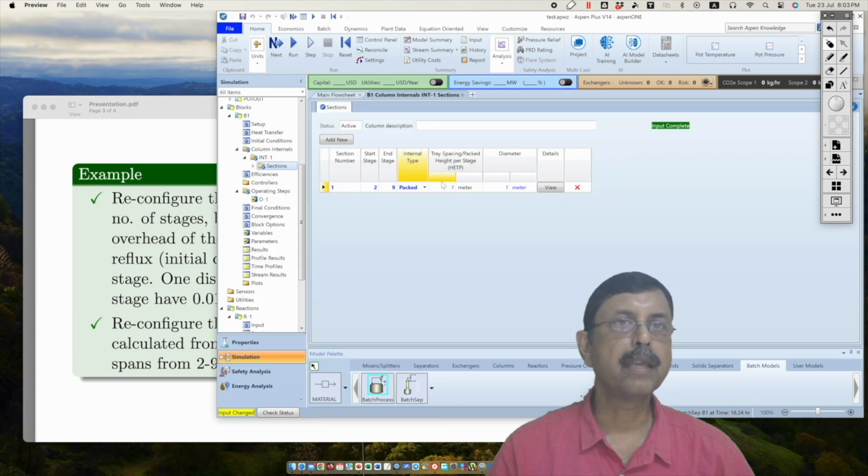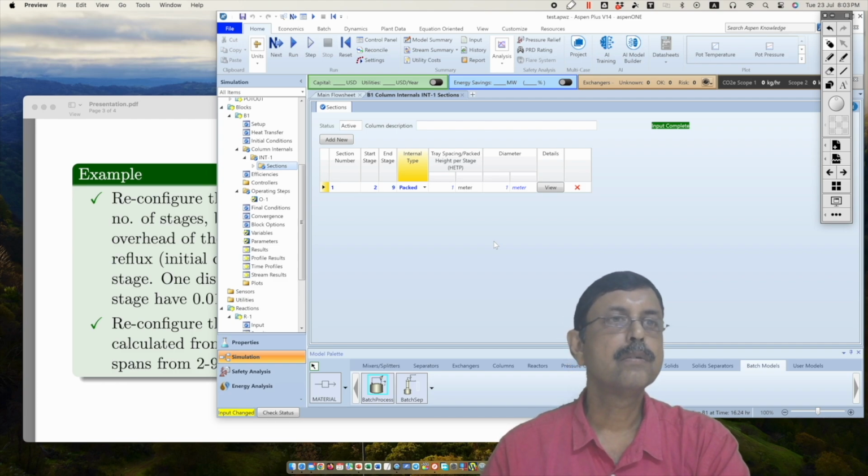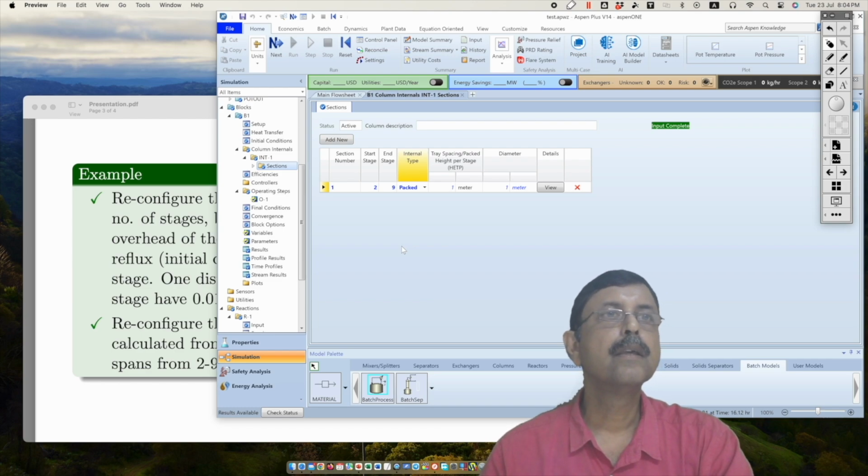So 1 meter HETP, 1 meter diameter. Not much information is given over here. So with this information, we'll run the process. Okay, so run is complete.